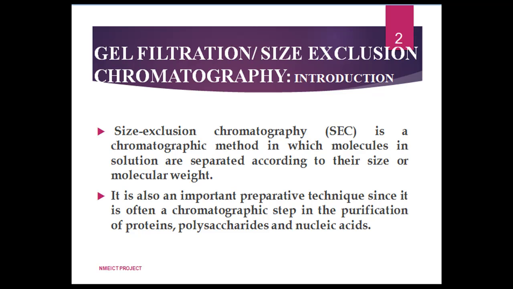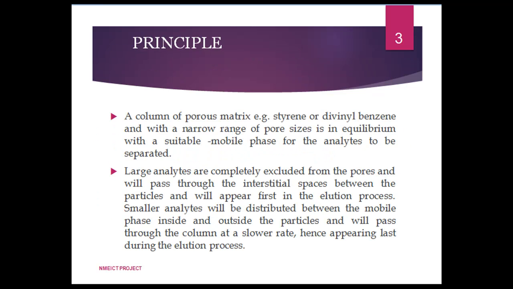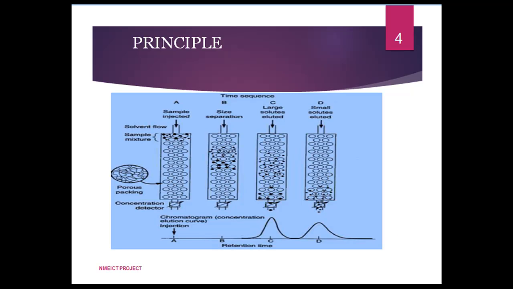The general principle of size exclusion chromatography is simple, as described in figure 1. A column of porous matrices, for example styrene or polyvinyl benzene, with a narrow range of pore size is in equilibrium with a suitable mobile phase for the analyte to be separated.